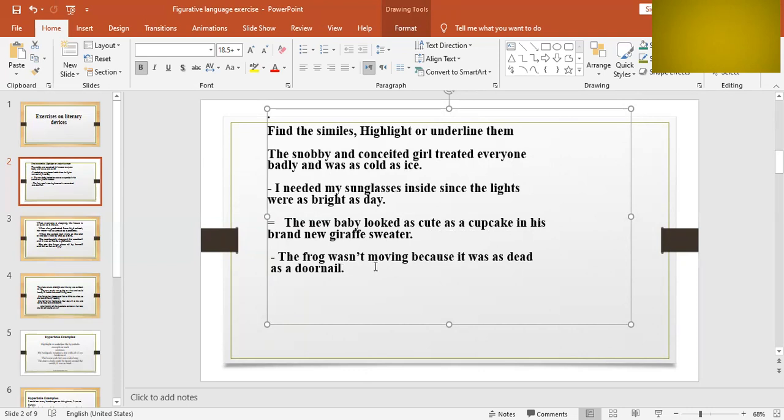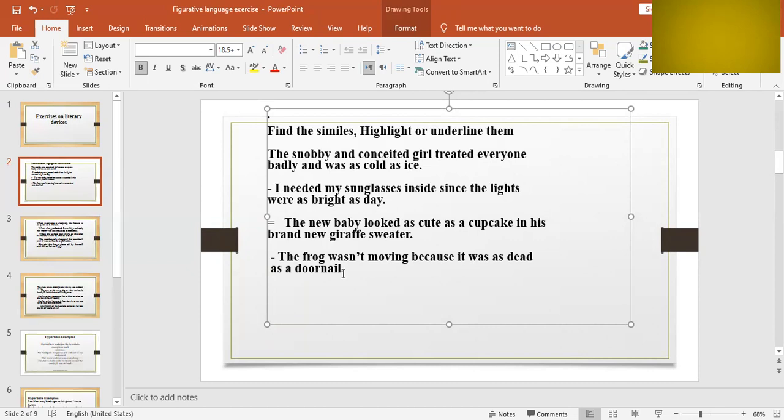The frog was not moving because it was as dead as a doornail. You see, as dead as a doornail. You know the doornail, the nail in a door or in a wall, it is stable and it is very cold and it stays forever.